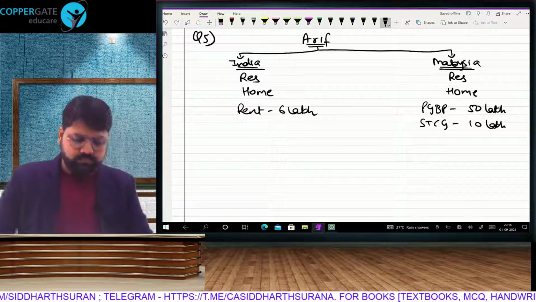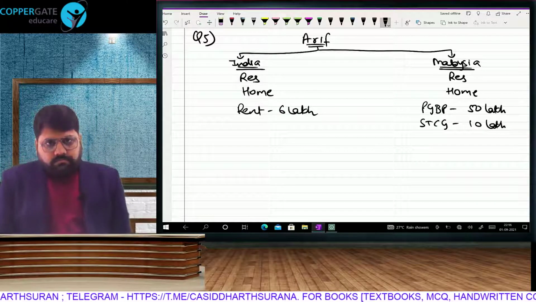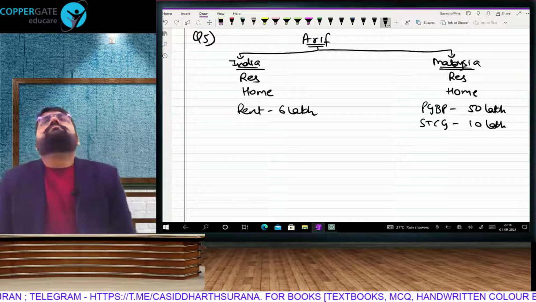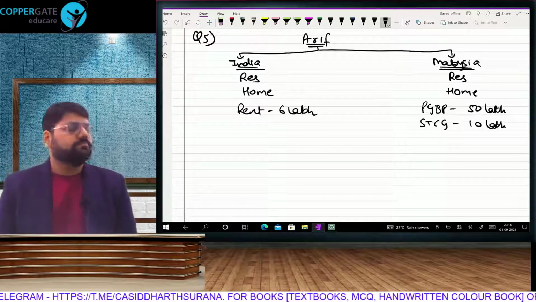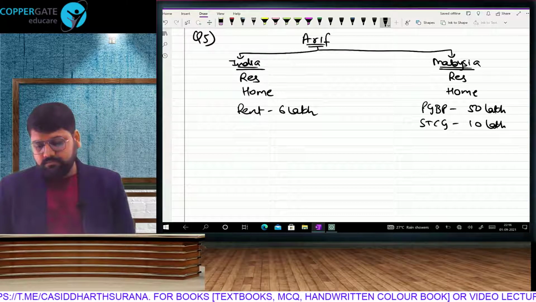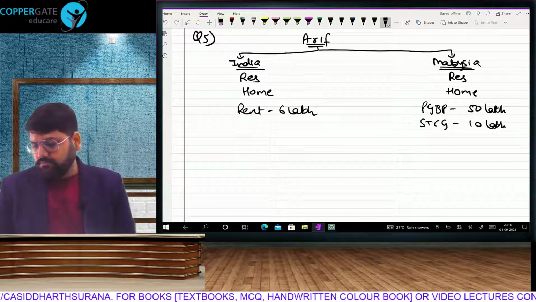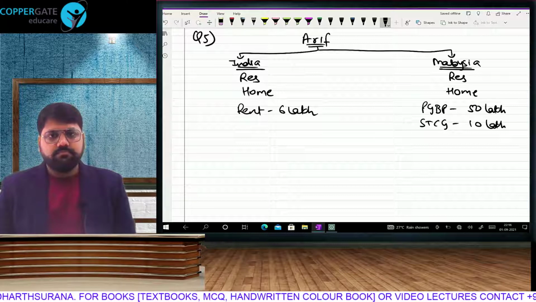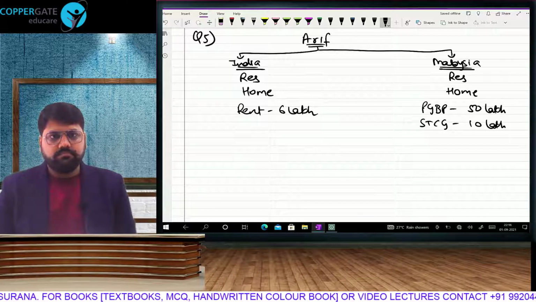Article 4 of the double taxation agreement between India and Malaysia provides that where an individual is a resident of both the contracting states, then he shall be deemed to be the resident of that contracting state in which he has a permanent home available to him.